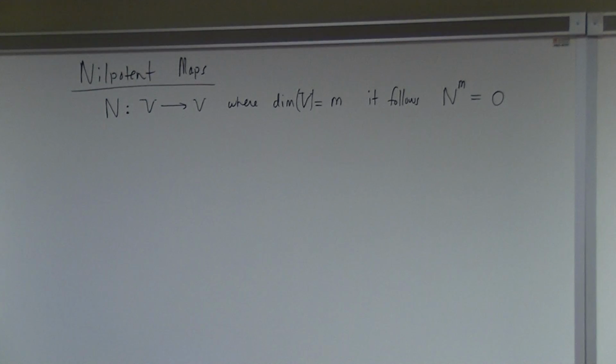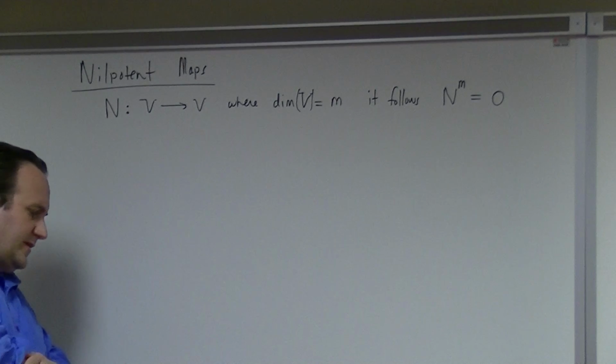And if you have n to some smaller number equal to 0, that means that there's a 0 eigenvector. And if there's a 0 eigenvector, that means that t is a factor of the characteristic polynomial.